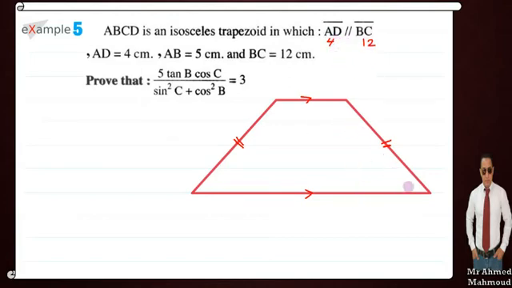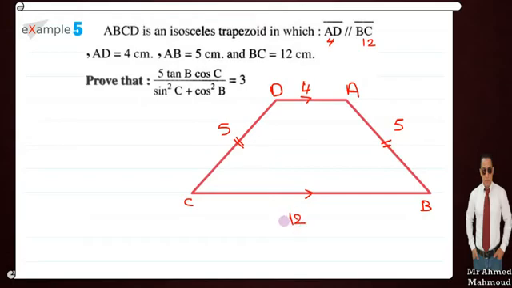Here we have BC, and up here A, B, C, D. AD equals 4 centimeters, AB equals 5 centimeters, so CD equals 5. BC equals 12 centimeters.